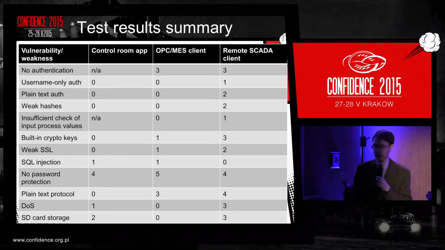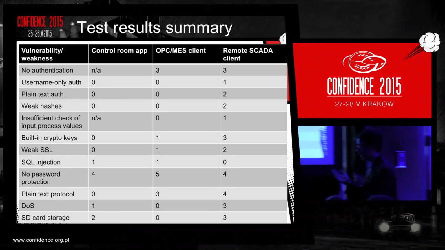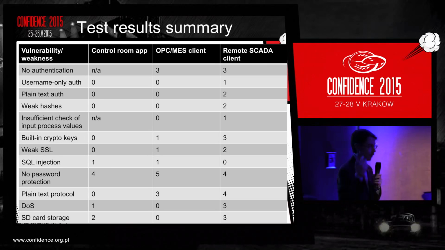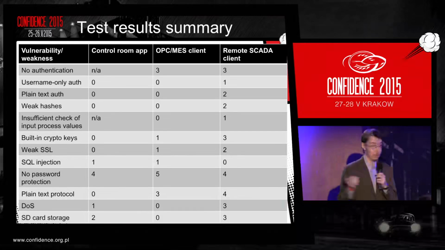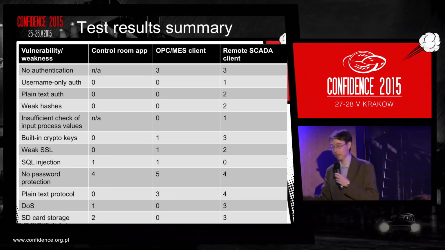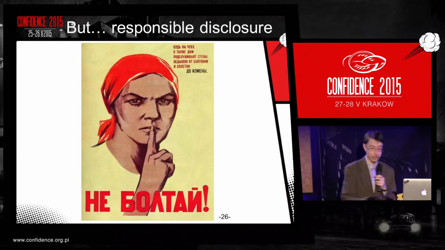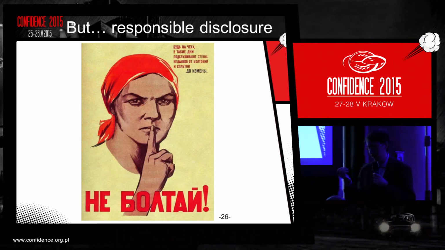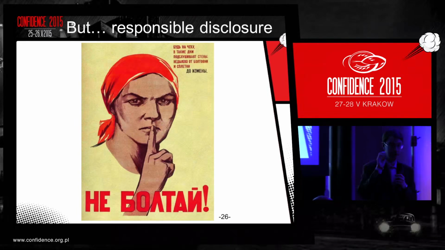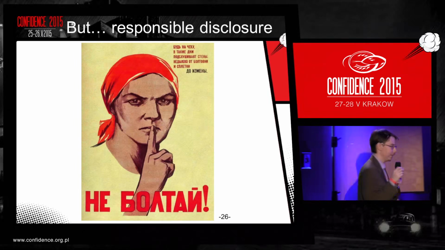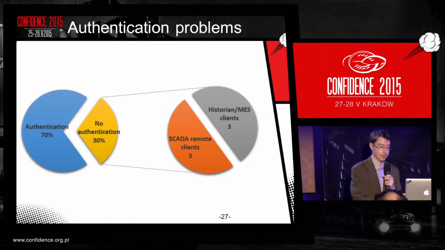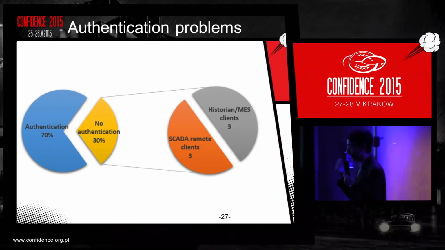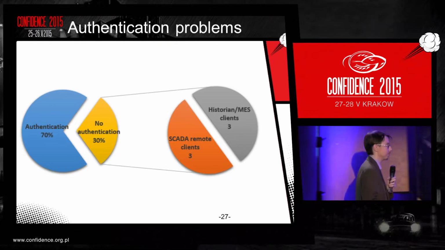I have a vulnerability in SCADA systems that has been in the fixing process for 3 years and is still not fixed. So we will not disclose any vulnerability because of responsible disclosure, but we will show you screenshots of these vulnerabilities with the vendors' logos and any characteristics that could point to the exact application cut out, but we'll show you something at least.